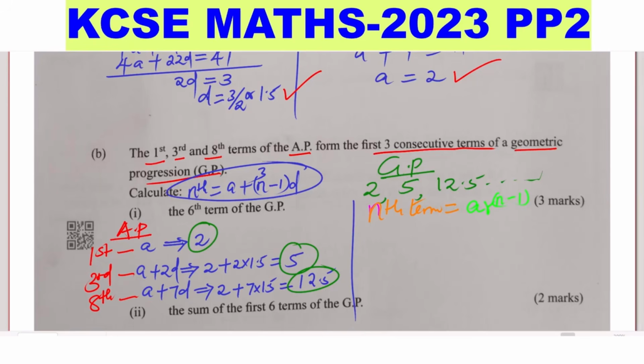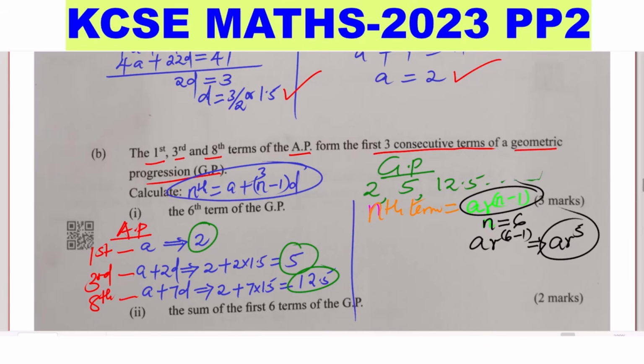And now if you want to get the sixth term of the GP, n will be simply 6. You just substitute n here with 6. So you'll have A, R, then 6 minus 1. And this will give A R raised to power 5. That is how we get the sixth term of the GP.